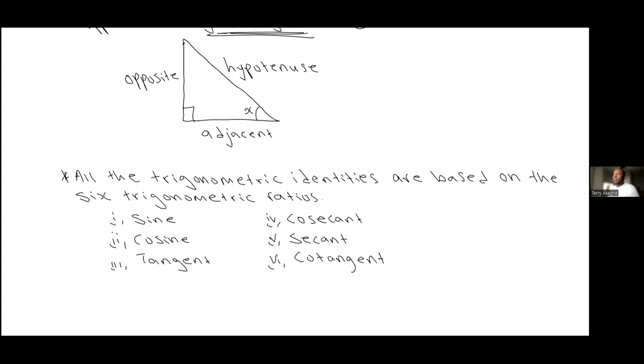Okay, so secant, cosecant, and cotangent. All right, so that is the basic introduction to trig ratios.